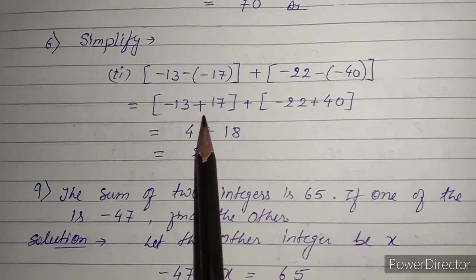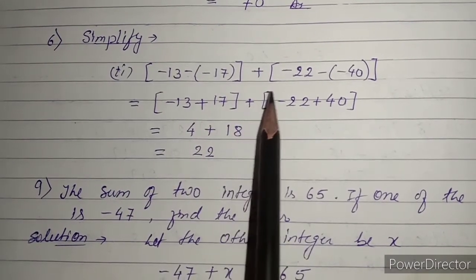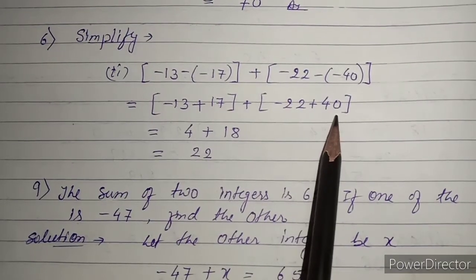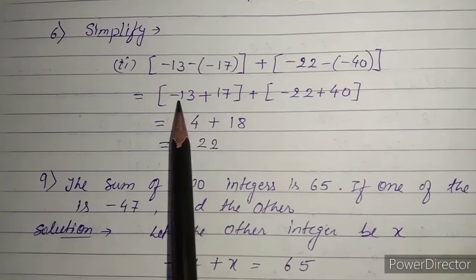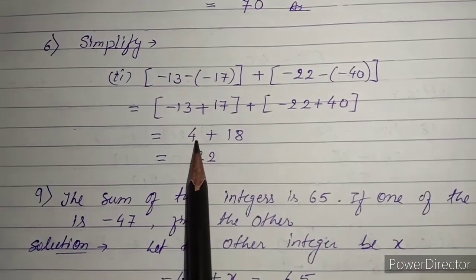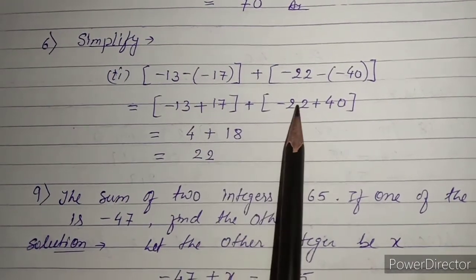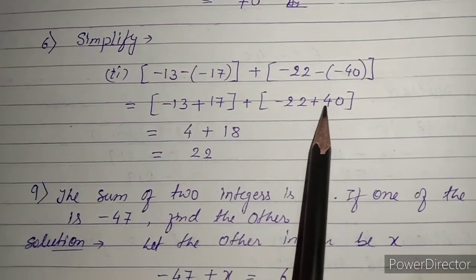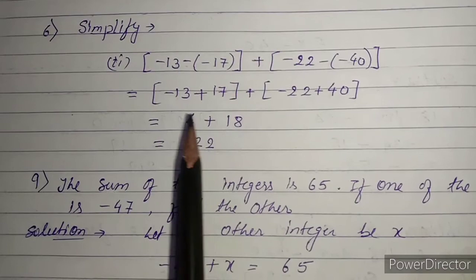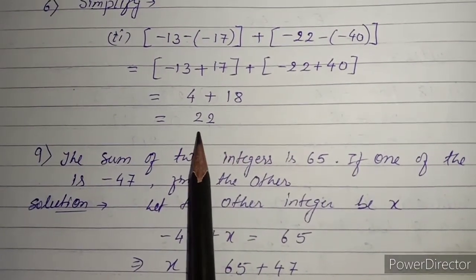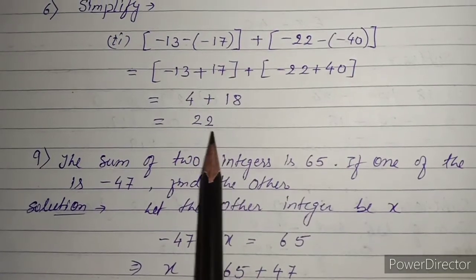So minus 13 plus 17 and plus, then minus 22, again minus is plus, so plus 40. Minus and plus is subtracted with the sign of the greater number. So 4 is here, and plus here also minus and plus is subtracted and the sign is positive, so plus 18. Both are positive, so simply add and the answer is 22.